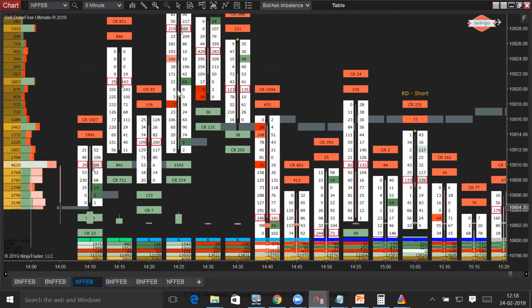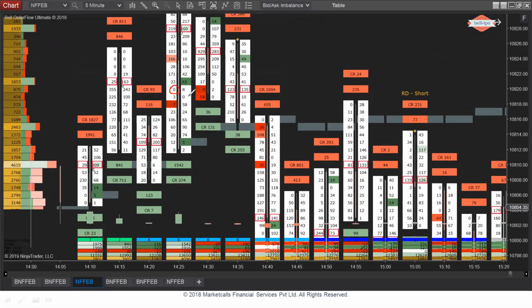So you see, first of all, let's talk about the zero zones. These kinds of zero zones are here and here. These are a result of no volume getting traded over here. And look at the price. The price was traveling with a lower imbalance. So the imbalance is over here and some imbalance is over here. When the imbalances are not there or are at very distant places, price always has the tendency to backfill those levels.